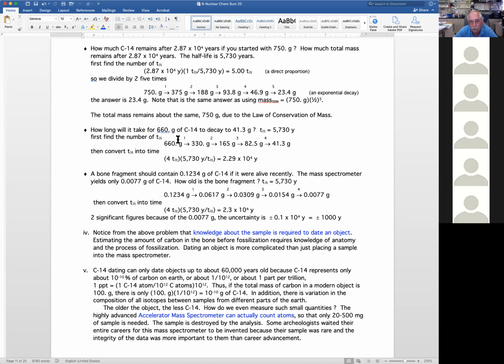So look, it took 4 half-lives to get from 660 into 41.3. But they're not asking for half-lives, they're asking for years, so I have to do that conversion. 4 half-lives, get rid of half-lives, keep years. That's about 22,900 years.